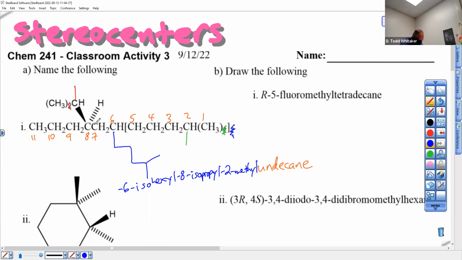Now the system goes like this, and there's lots of videos on this. But you got to assign numbers 1, 2, 3, 4 for the 4 different substituents on your stereocenter. And the criteria is based on the mass of the atom attached to the stereocenter.